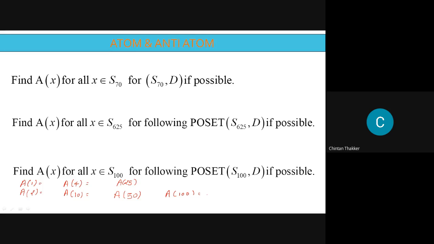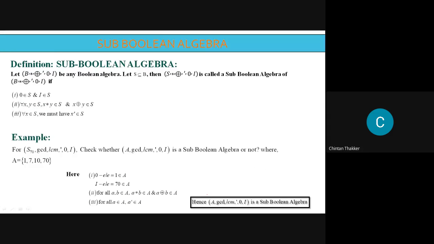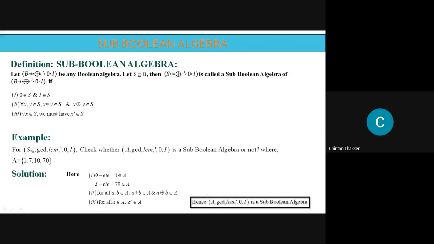Then we have sub-Boolean algebra. Sub-Boolean algebra means if we have any subset of the Boolean algebra B and it satisfies the three conditions. The first is that 0 and I element belong to the set.